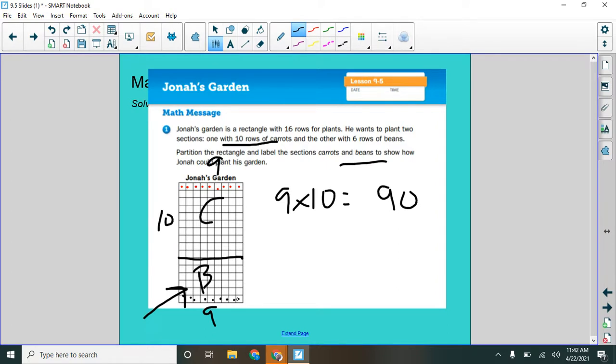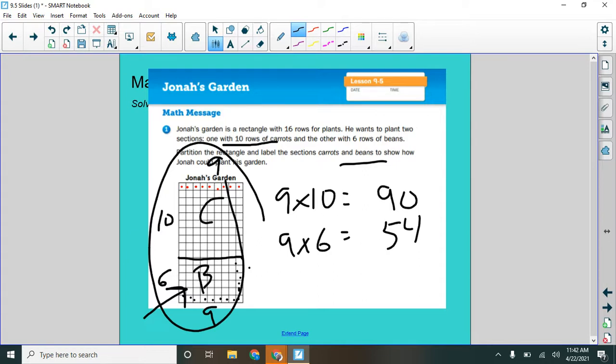And 6 tall. 1, 2, 3, 4, 5, 6. 9 times 6 is 54. And then to get the total, we're going to add these up. And our answer is that for the whole section, he is going to plant 144 seeds.